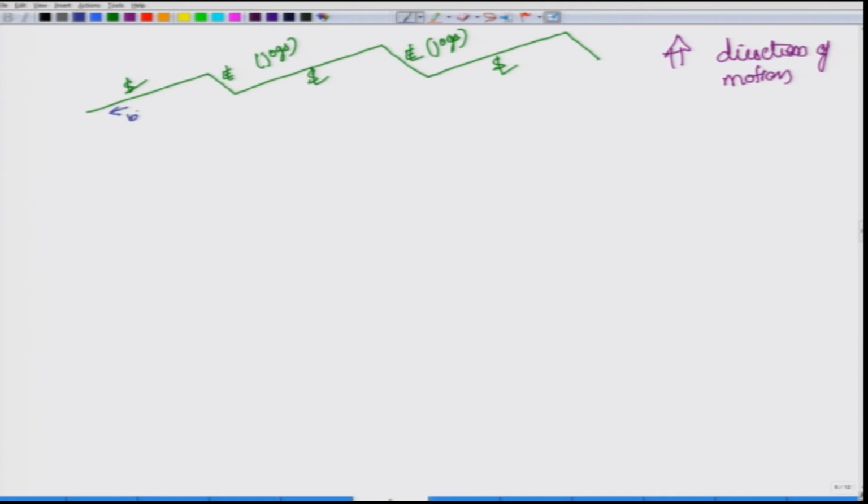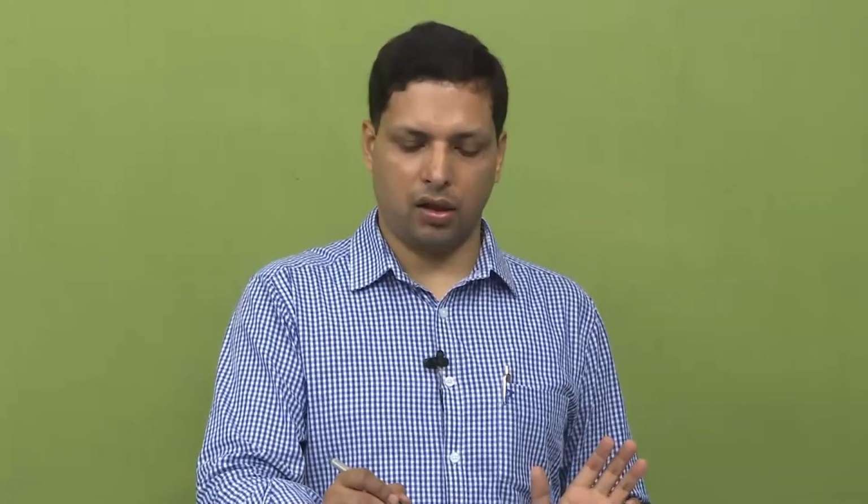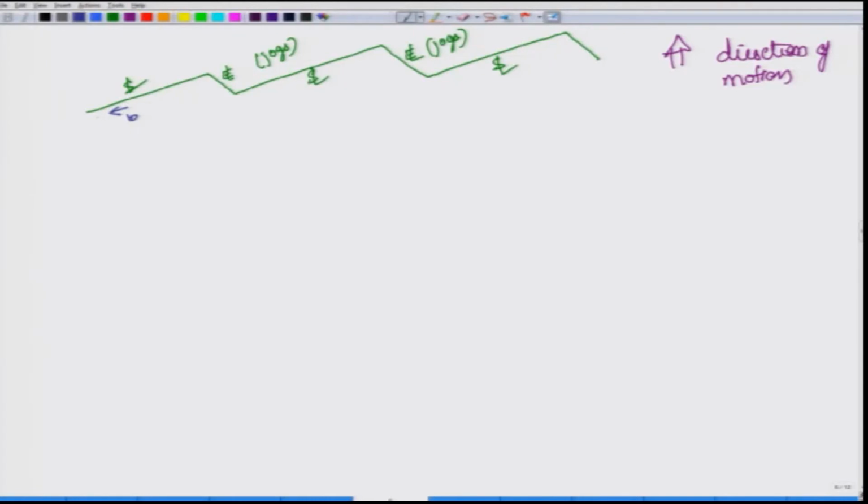So, the Burgers vector will be like this, and which way would be the resolved shear stress? The resolved shear stress, you remember, whenever it is causing the motion, we have to have a resolved shear stress along the Burgers vector. It may be in this direction or in this direction depending on whether it is moving forward or backward. So, what will it lead to? It will lead to a motion like this.